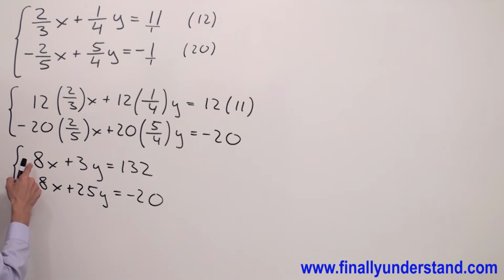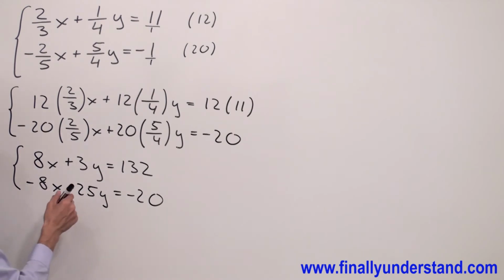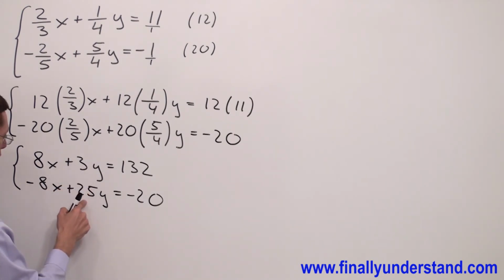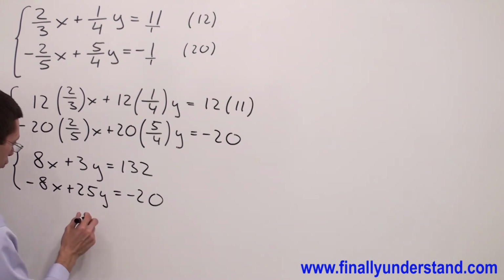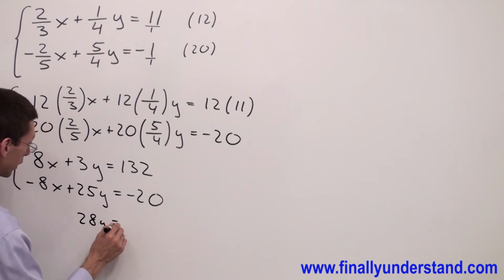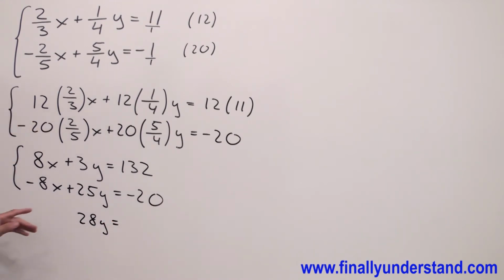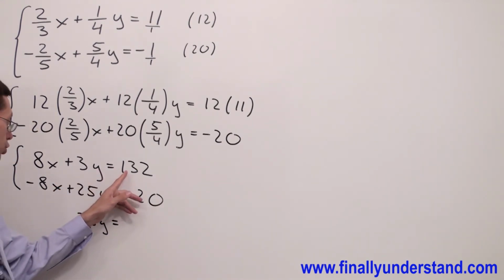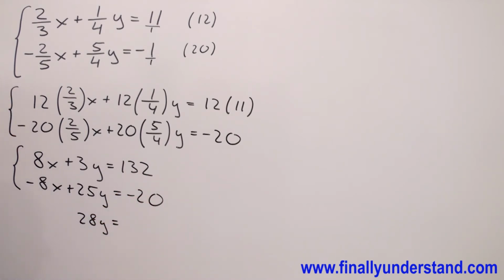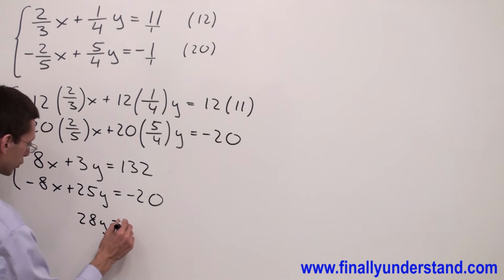So, positive 8 plus negative 8 will give me 0. So my x is eliminated and I have 3 plus 25 gives me 28y equals 132 minus 20 is equal 112.